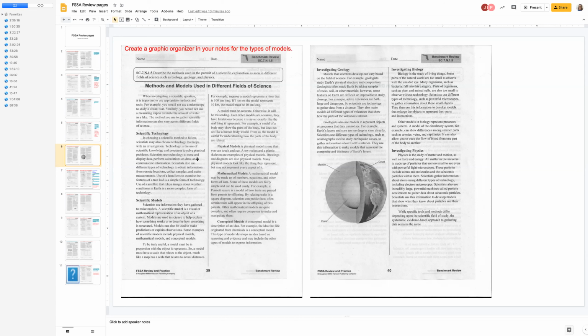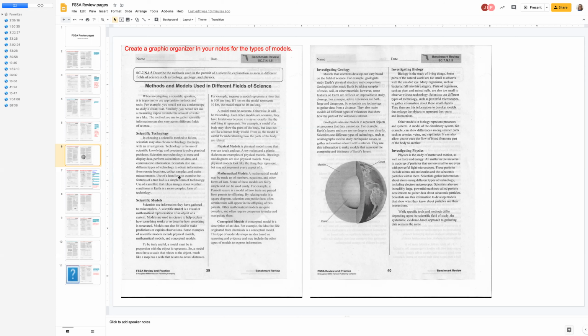Scientists use technology to store and display data, perform calculations on data, and communicate information. Scientists also use different types of technology to obtain information from remote locations, collect samples, and make measurements. So those are all good notes for scientific technology section.